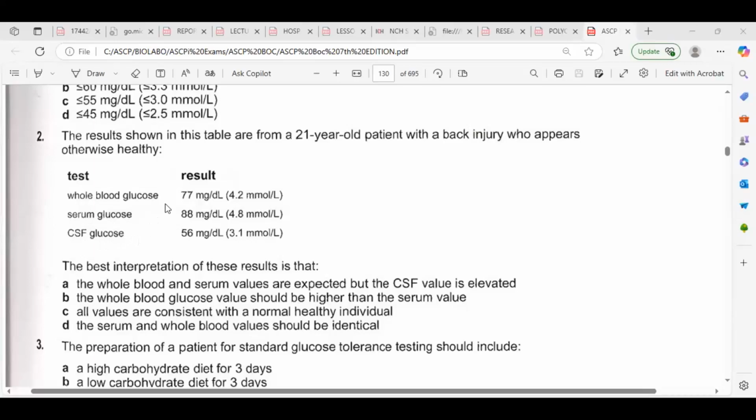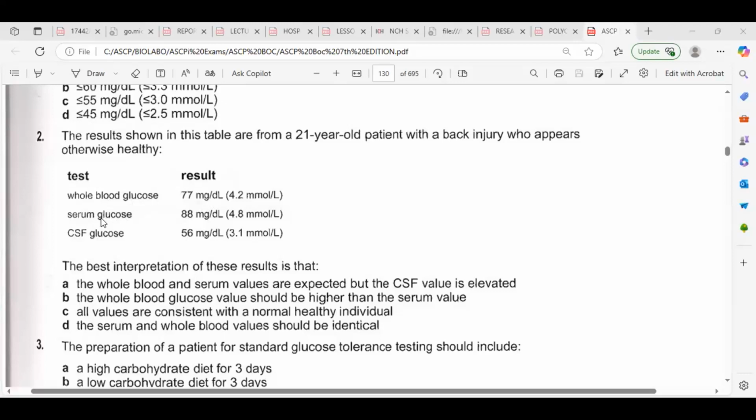What you have to know is that between whole blood and serum glucose, there should be at least a 10 to 15% difference between the two. If the difference is maintained, the result is normal. Why? Because serum glucose should be higher than whole blood glucose.